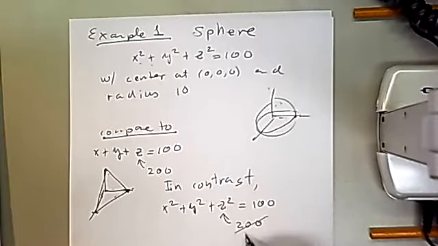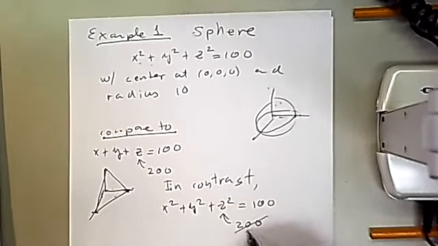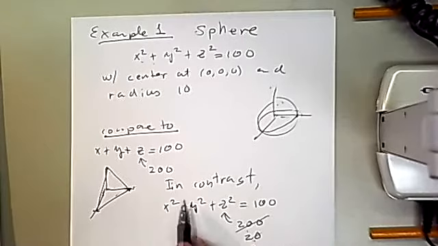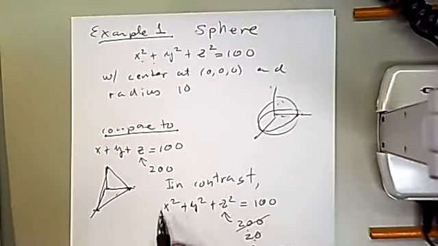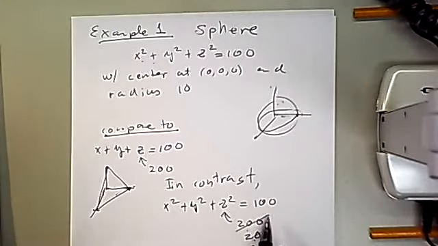Not even 50, not even 20. Because if we square 20, we end up with 400. And those two other quantities have to be positive, at least 0. So there's no way we can add positive numbers to 400 and get 100 back.